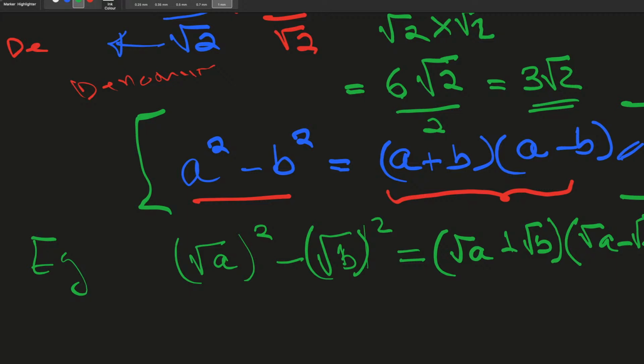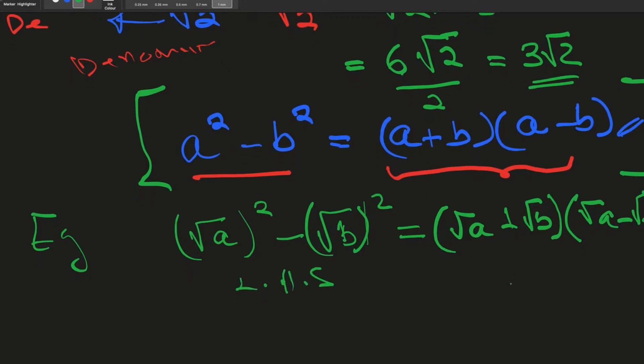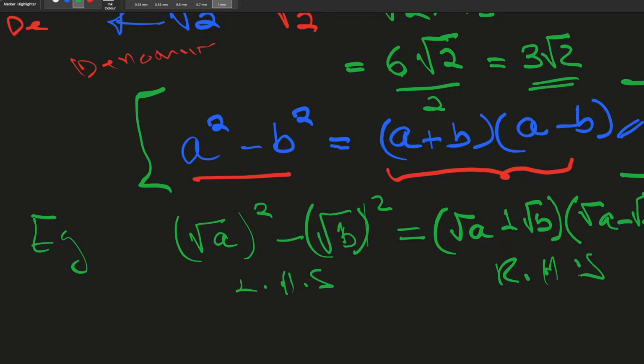Bear in mind that there's the left hand side and there's the right hand side. When you expand the left hand side and the right hand side, you are supposed to have the same. Why? Let's see why I'm saying that. You remember when we see something like root a squared, it means root a times root a.